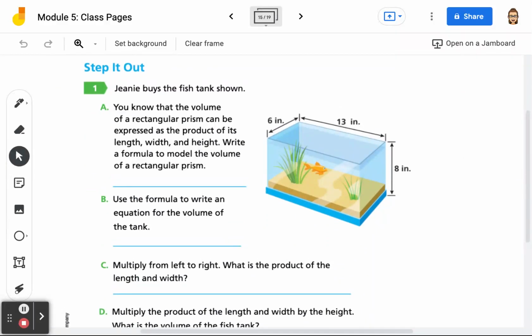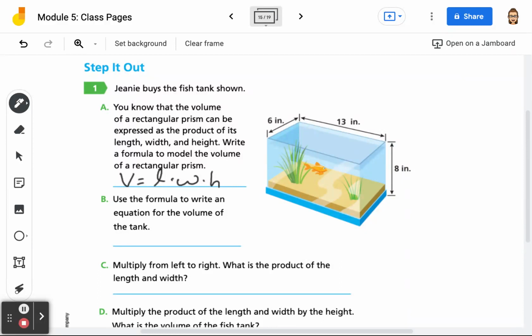It says, number 1, Jeannie buys the fish tank shown. You know the volume of a rectangular prism can be expressed as a product of its length, width, and height. Write a formula to model the volume of a rectangular prism. So we represent that by saying volume equals length times width times height.